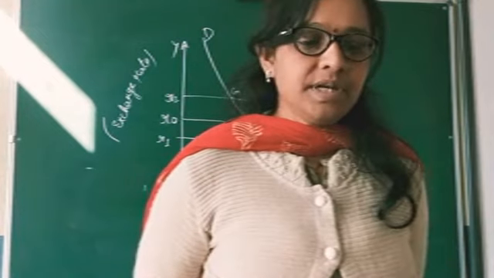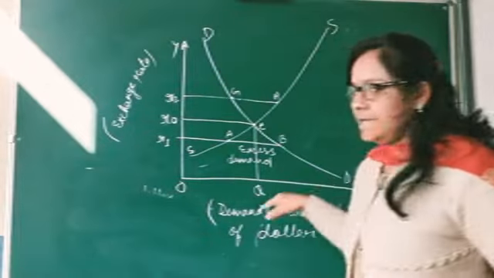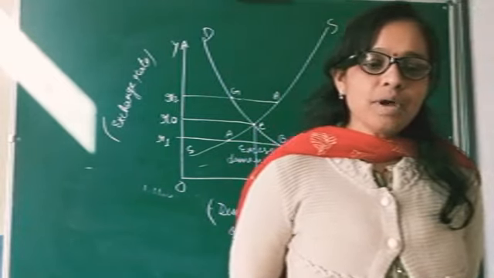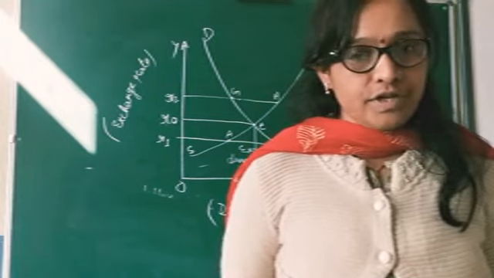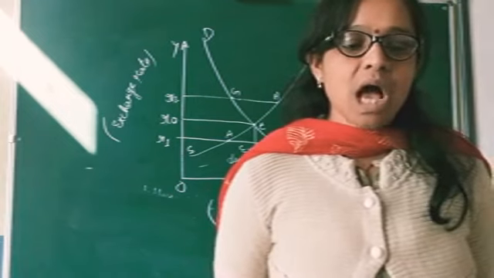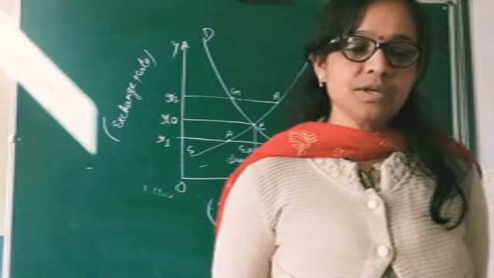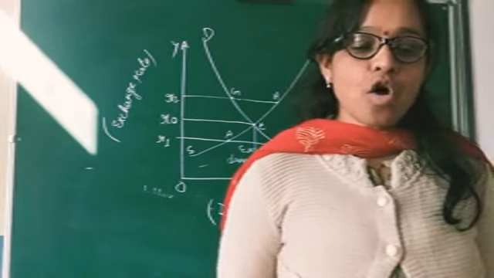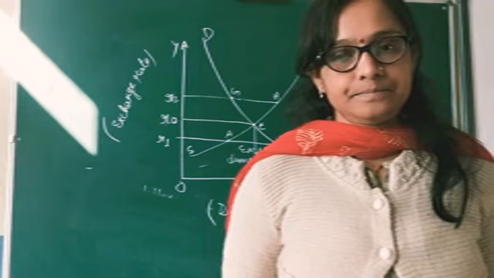In the above diagram, demand curve DD shows how many dollars India demands at different rates of exchange, and the supply curve SS shows how the supply of dollars changes as the exchange rate varies.